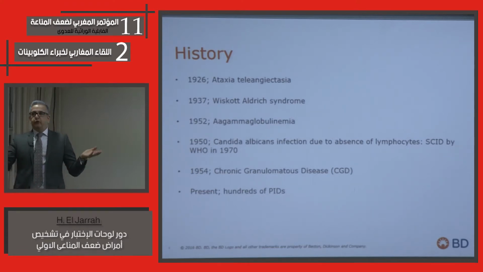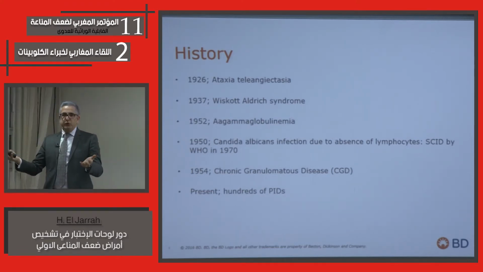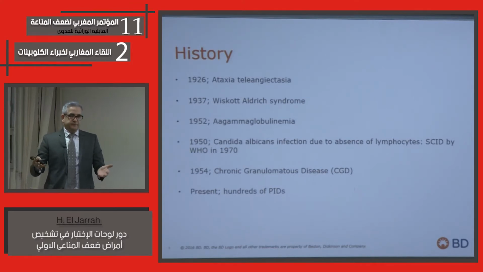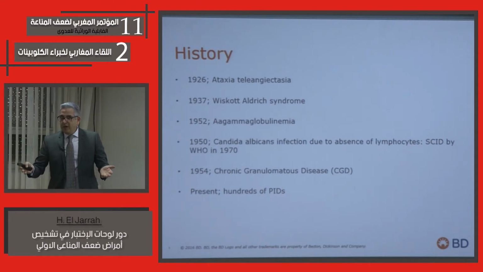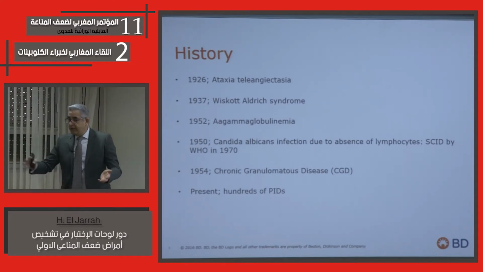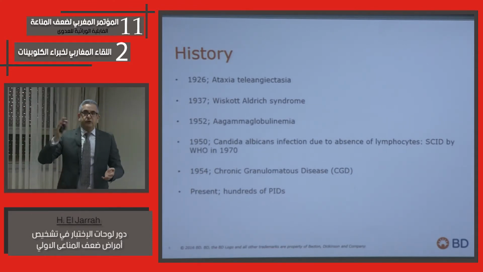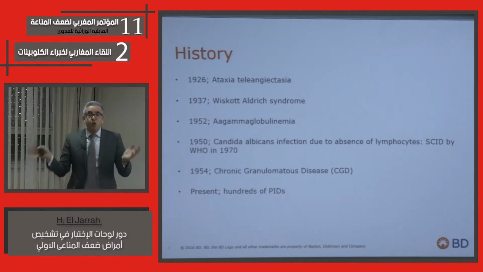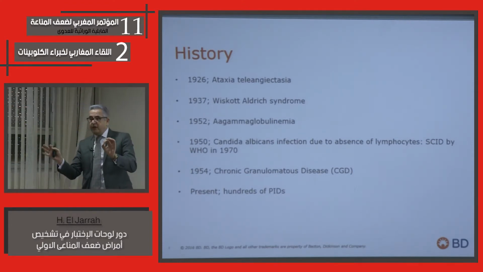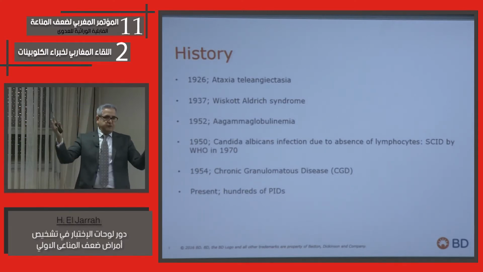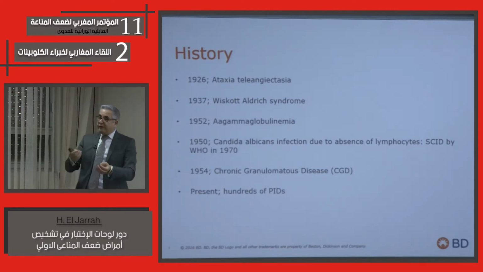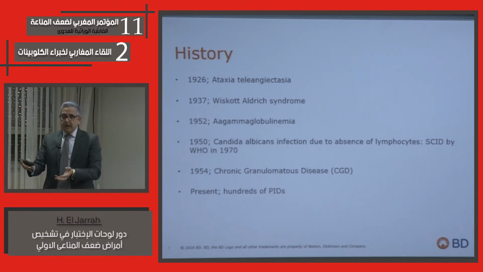And who among you knows how many CDs we know at the moment? The number of CDs, clusters of differentiation. We have probably around 400, and the number is growing. Do you know that we do not know the function of many of them? We just identified them, not us, BD, but scientists have identified many of these markers.